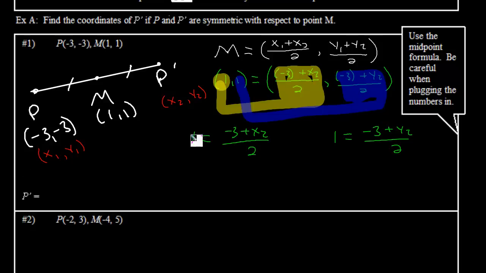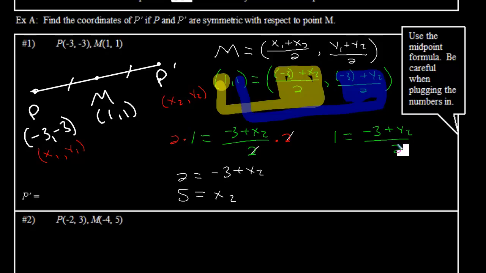Solving this equation down here, if we were to get rid of this fraction, we could multiply the left and right side of the equation by 2, each term. There's 2 terms. On the left, you get 2 times 1, which is 2. On the right, the 2's cancel, so you get negative 3 plus x sub 2. If you add 3 to both sides to get x by itself, you get x sub 2 is 5.